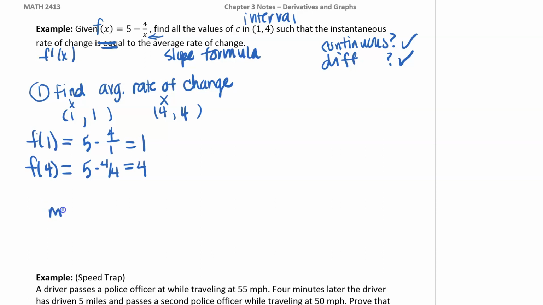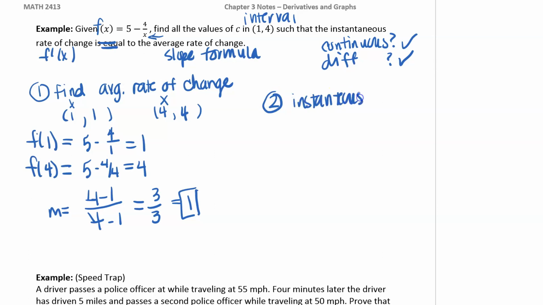So now if I do my slope between these 2 points, I'm going to say y minus y over x minus x. That would give me 3 over 3, which is just a value of 1. Now that I found the average rate of change, I'm now going to find my instantaneous rate of change.